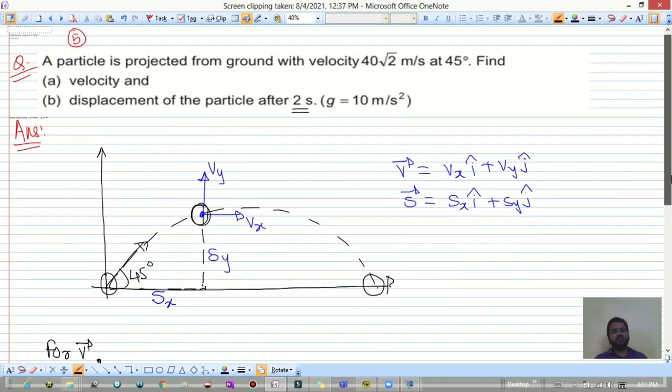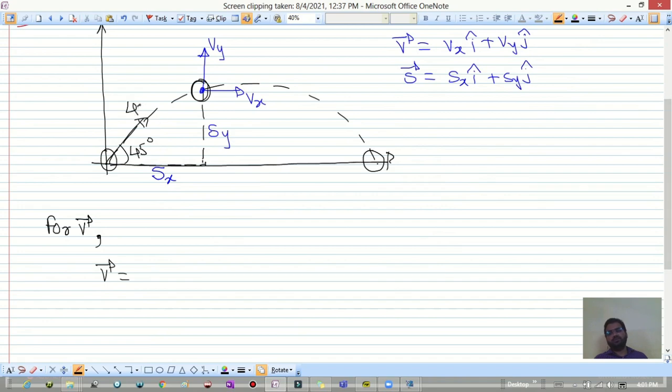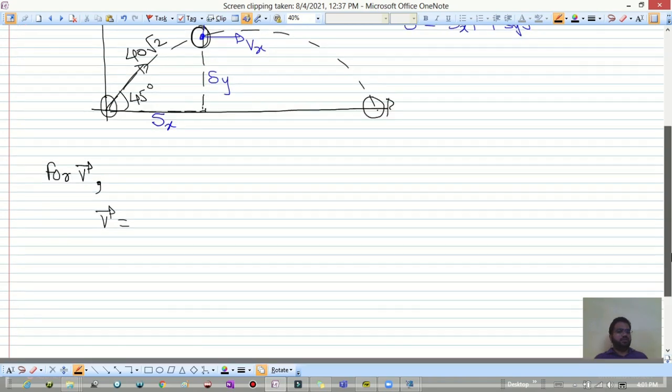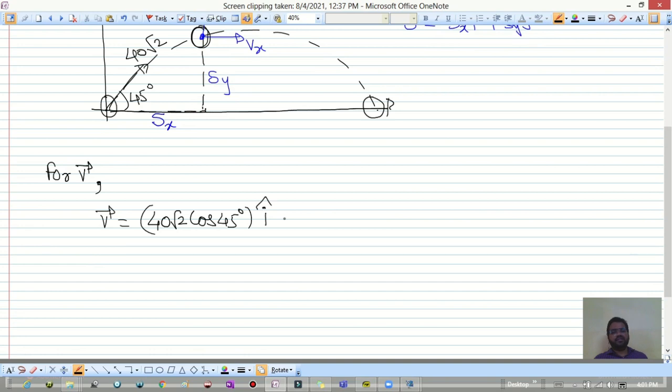Now u is 40 root 2 given. So it is u cos 45, as in 40 root 2 cos 45 degree in I hat, plus vy, we can write uy in y direction, that is 40 root 2 sin 45 degree, minus gt, 10 into t, in j hat. But time is given 2 seconds, right?